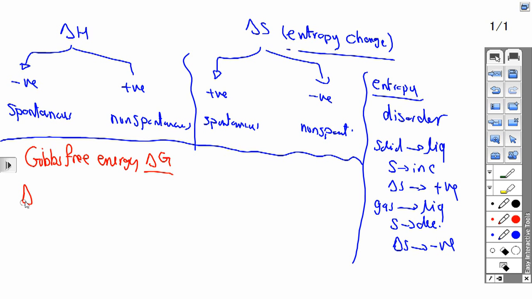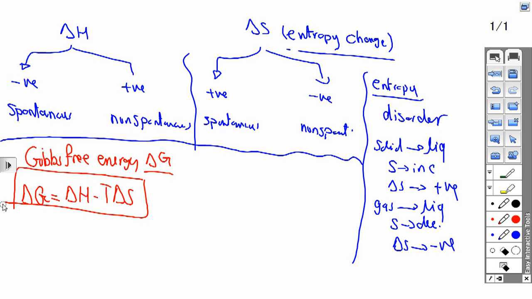Delta G equals delta H minus T delta S. This is the rule, the combination between delta H and delta S to get the value of delta G to know if the reaction is spontaneous or non-spontaneous.